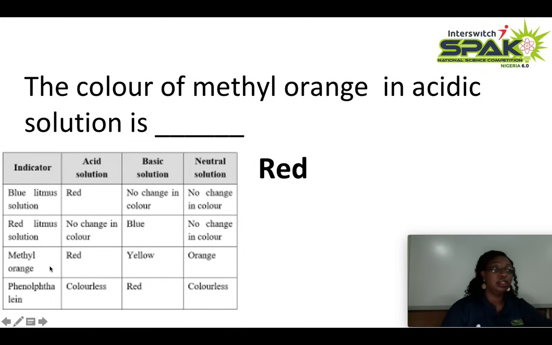Methyl orange can be used for strong acid and strong base. We also have methyl red, which can be used for a weak base and strong acid. But there is no indicator to use when you are titrating a weak acid and a weak base.